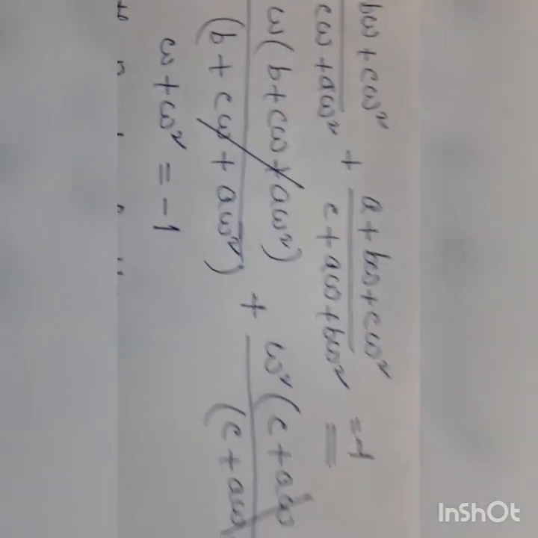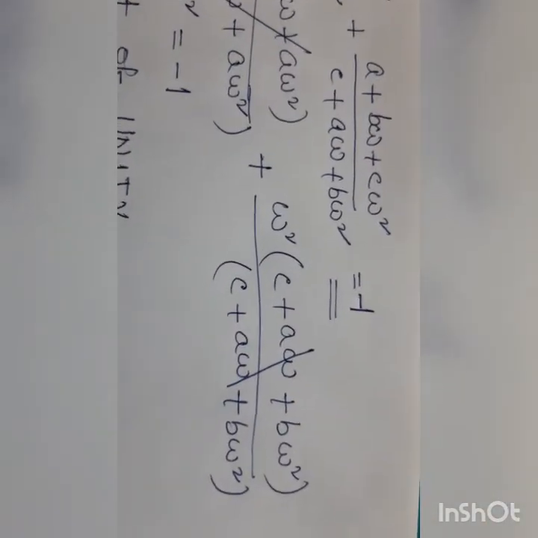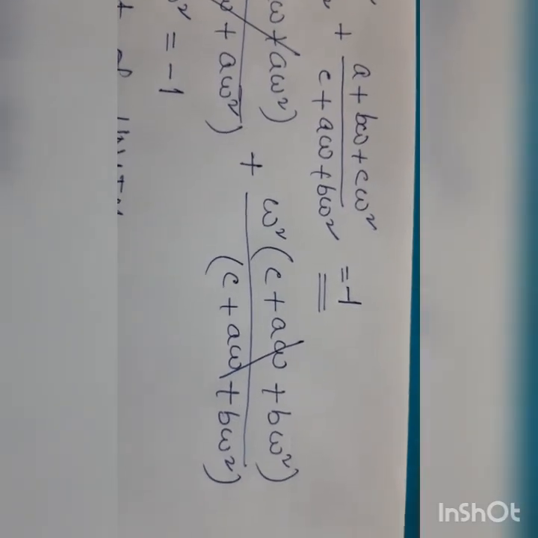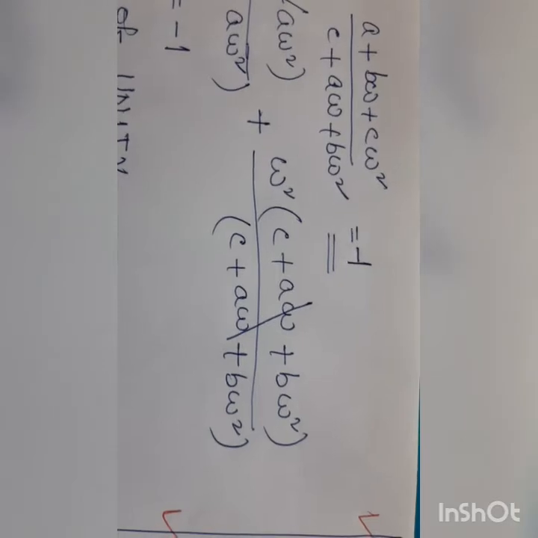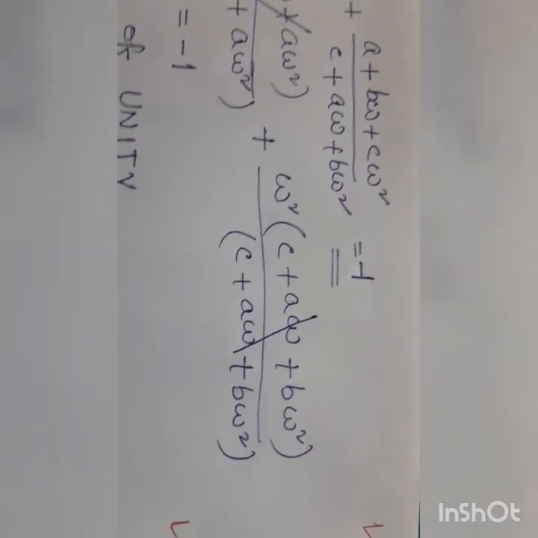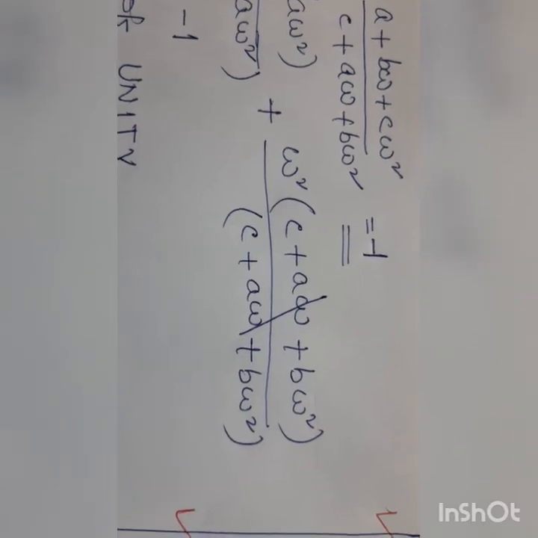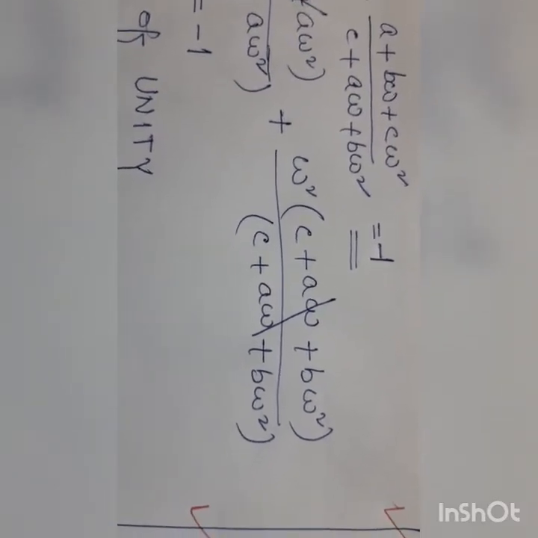Omega will remain. Similar case, omega square I have taken common. Omega square into c omega square, observe the question. Omega square into a omega cube, into a. Omega cube is 1, so a remains. Observe the before step, and b omega power 4.